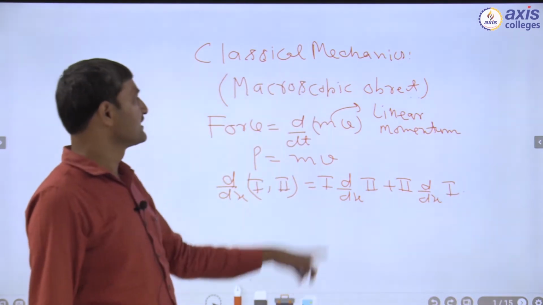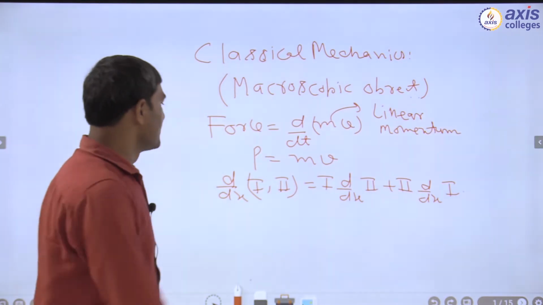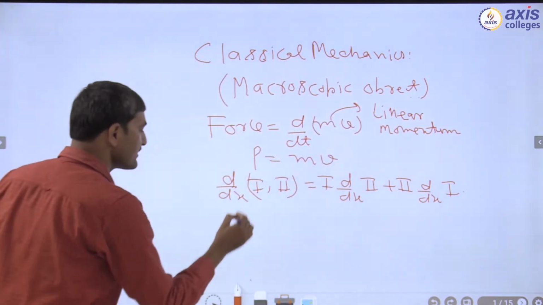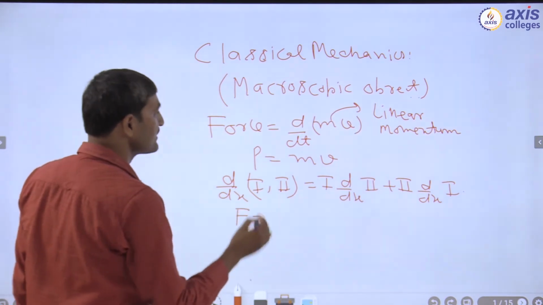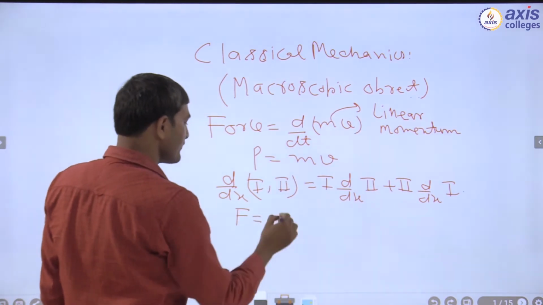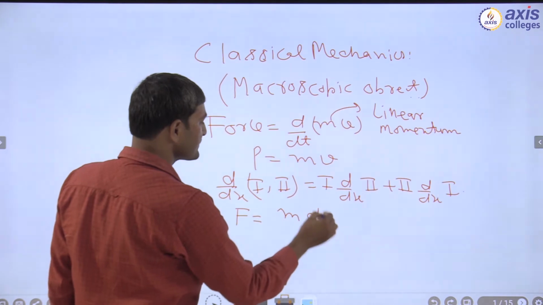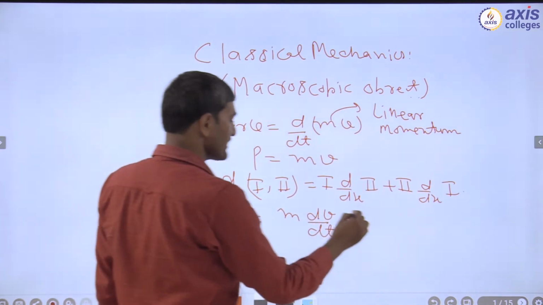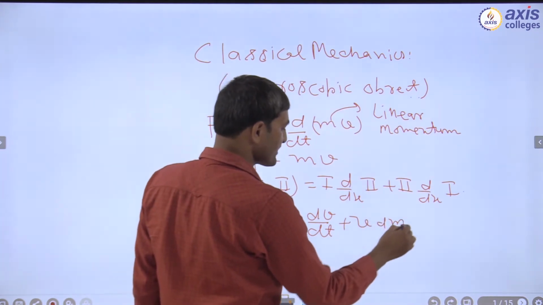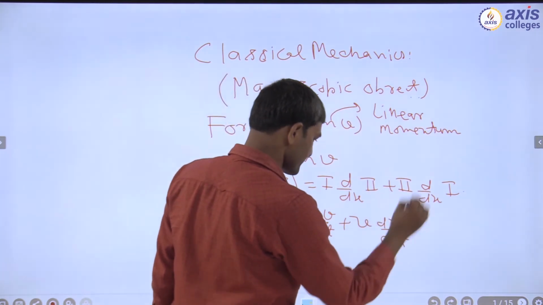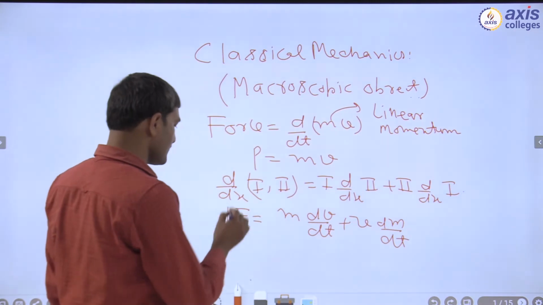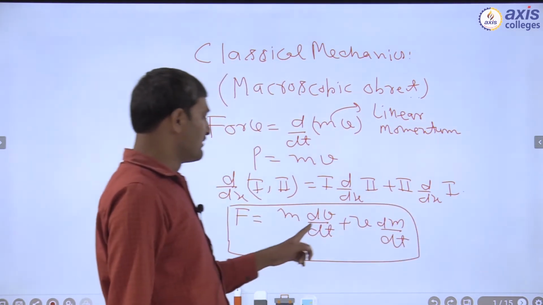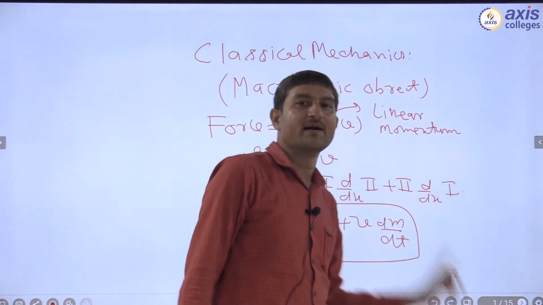So force becomes F equal to m dv by dt plus v dm by dt.